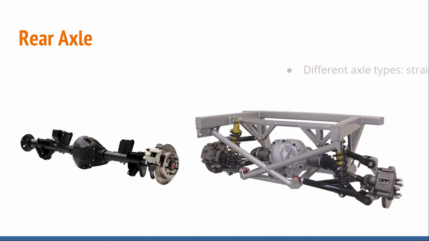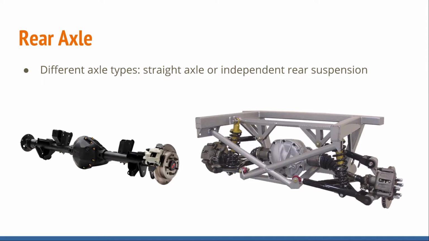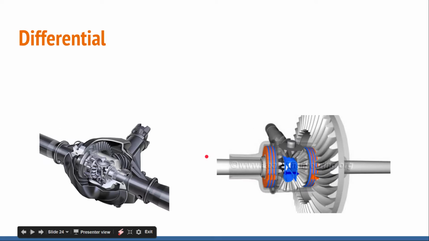So the rear axle. There's two different types of rear axles, a straight axle or an independent rear suspension, or an independent axle. Right here we have a straight axle. You'll see that on some pickups, that type of thing. Right here is an independent. So you can see how they called it independent, because the wheels can move independently of one another.